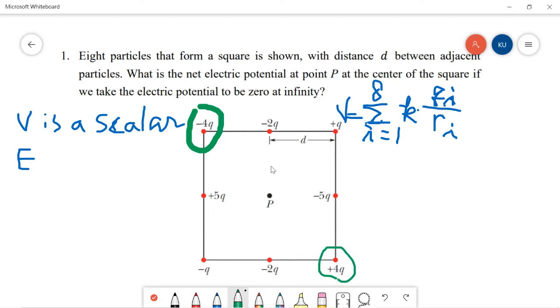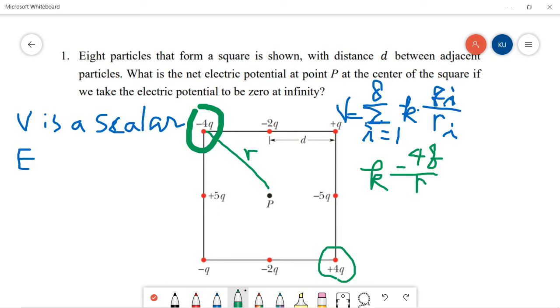For these two charges generating the electric potential at point P, it would be k times minus 4Q over R, where R is the distance to the center.